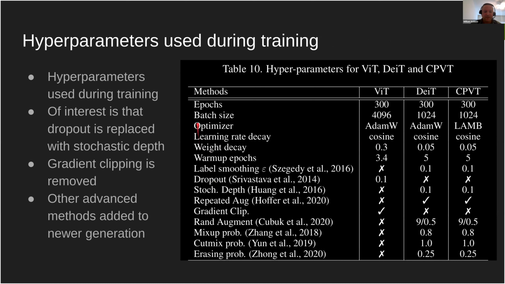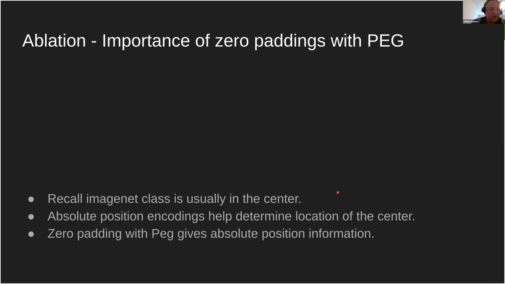I'm familiar with basically the top half, but I'm not too familiar with random mix-up prob, cut mix prob, and erasing prob, but they're newer and they're not applied to the earlier forms. Also something that was interesting to me is that dropout wasn't used anymore, but stochastic depth seemed to have replaced it. So that's worth noting. I should probably know that, but I haven't really been keeping up too much.